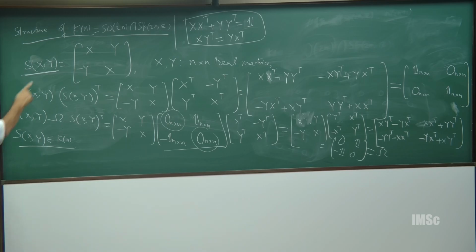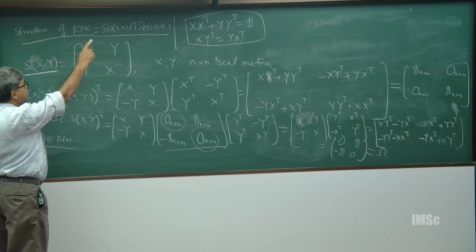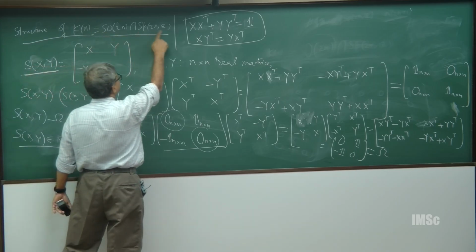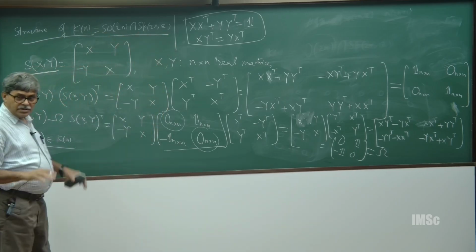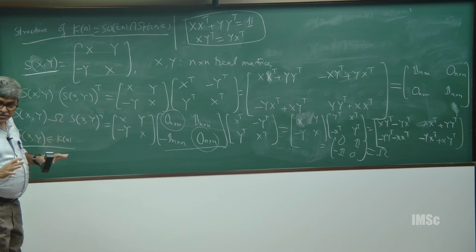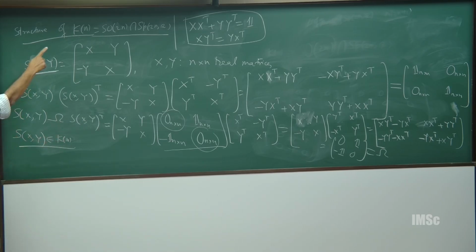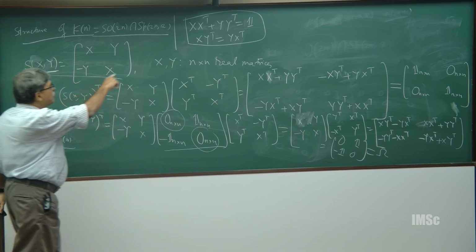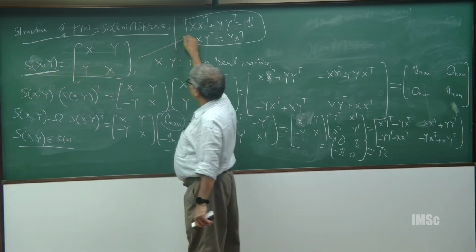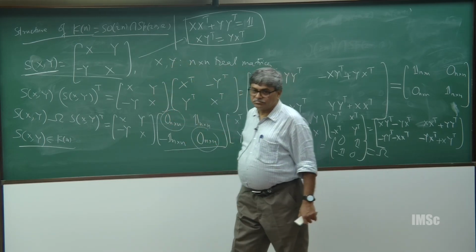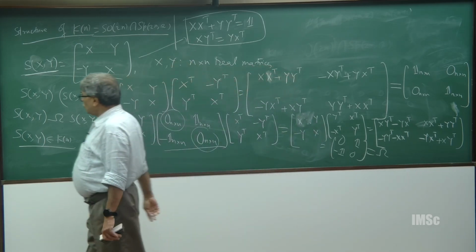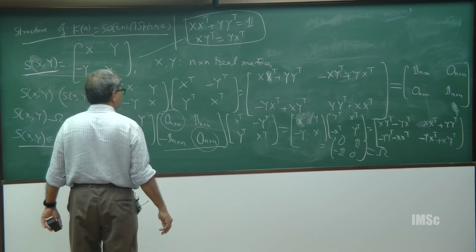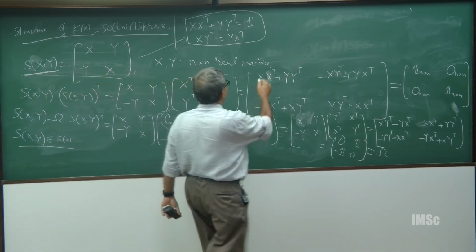If I take any element of Kn, it should be an element of SO2n, and at the same time it should be an element of Sp2n(R). If you take that into account, then you can prove that the element must be of this form. Of this form means, of course, it should satisfy this, otherwise it does not make sense. So, the converse is also true. So, try to prove the converse.